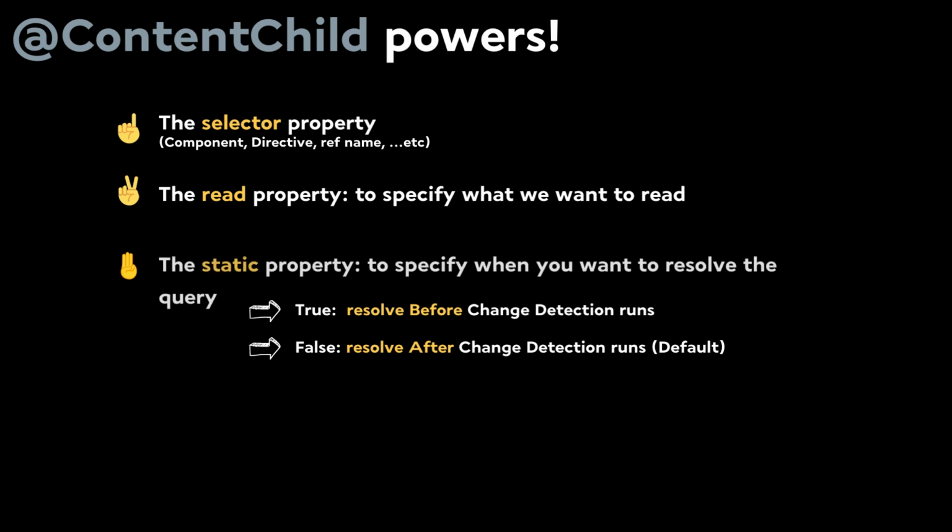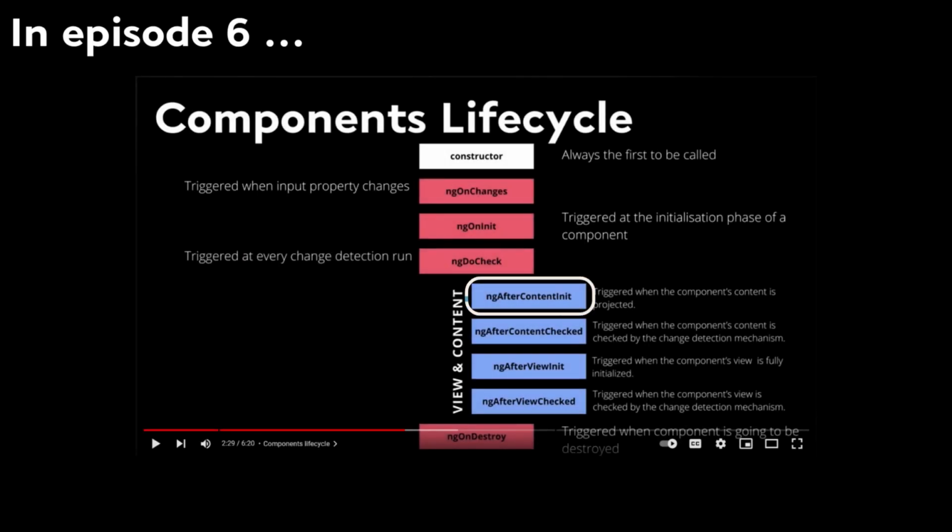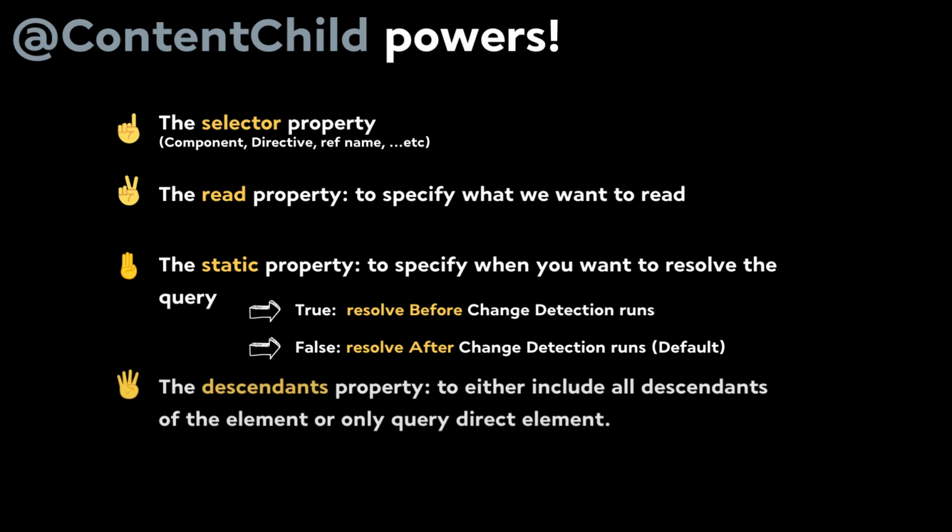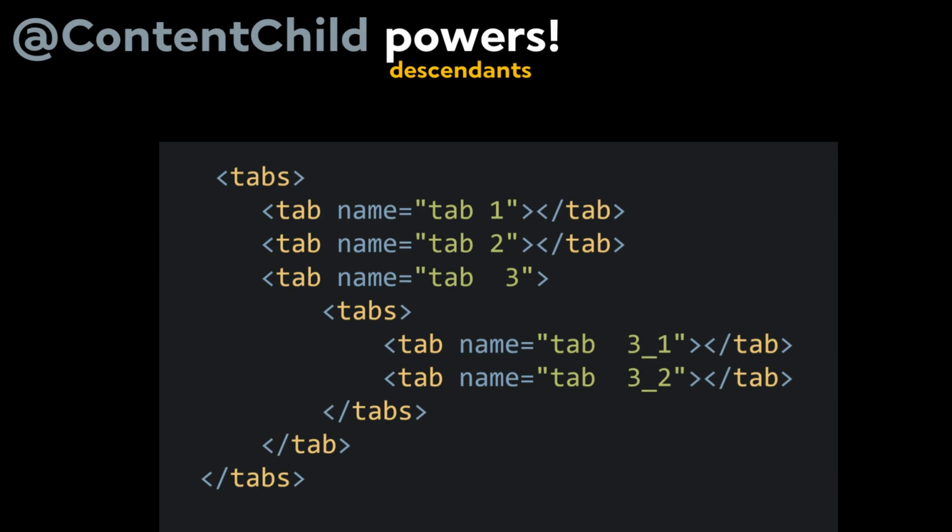Unlike the ViewChild decorator, a ContentChild query is resolved by default in the ngAfterContentInit hook. And the last one is the descendants property, which exists only on this decorator and is used to specify if you want to query all descendants of the element, like in the case of nested tabs, for example.